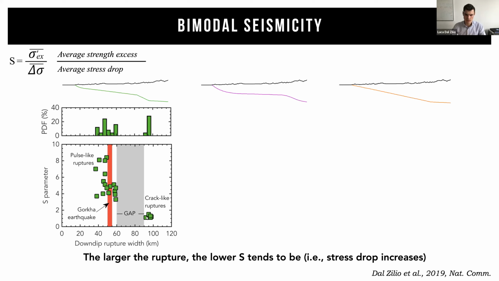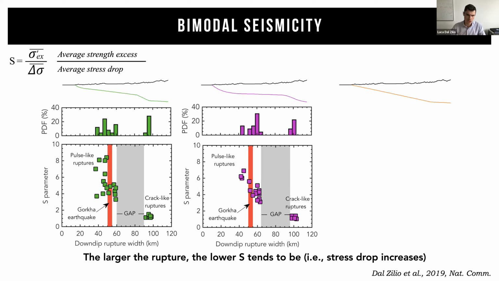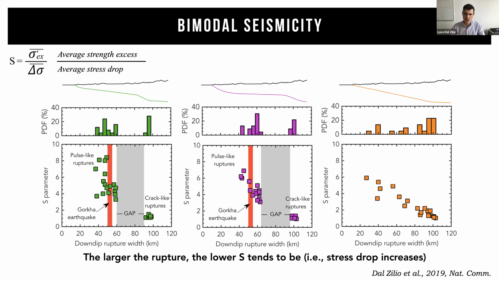This is what we mean by bimodal distribution of seismicity. And this is also something that we observe very clearly in the model where we have this smooth ramp, which clearly shows that the mid-crustal ramp is a very important ingredient in the model in order to obtain this type of behavior.